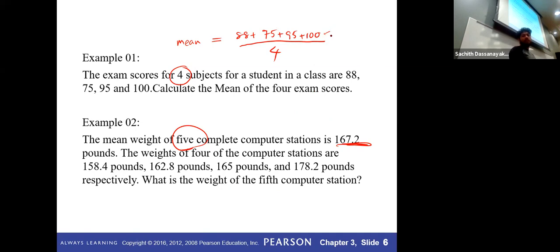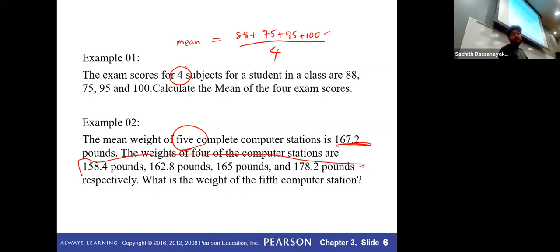Mean equals the summation of the values divided by the total number of occurrences that you have. So for computer stations, they have given this one up to this point. What is the weight of the fifth computer station?